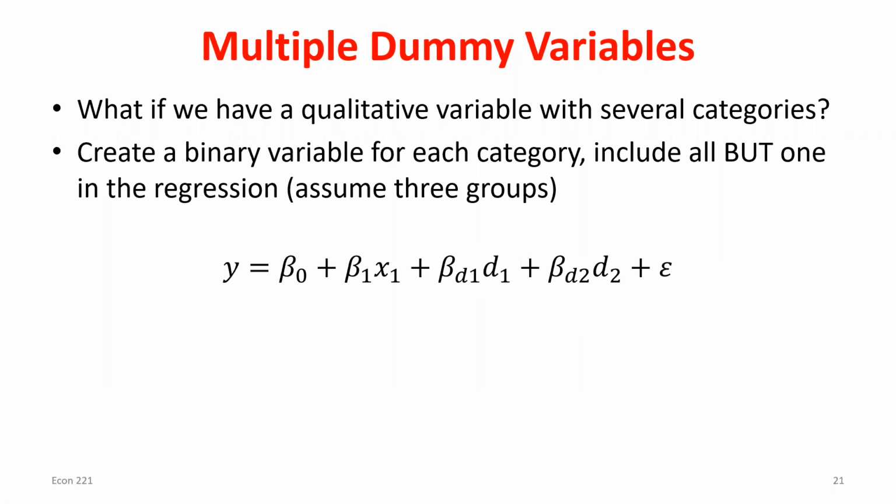Let's say I use education. Let's say I want to know the effect of being a freshman, sophomore, junior, or senior on someone's GPA. Well, I might want to put an identifier for each one of those groups. So 0 if you are not a freshman, 1 if you are. Then another dummy variable, 0 if you're not a sophomore, 1 if you are. Junior, 0 if you aren't a junior, 1 if you are, same for senior.